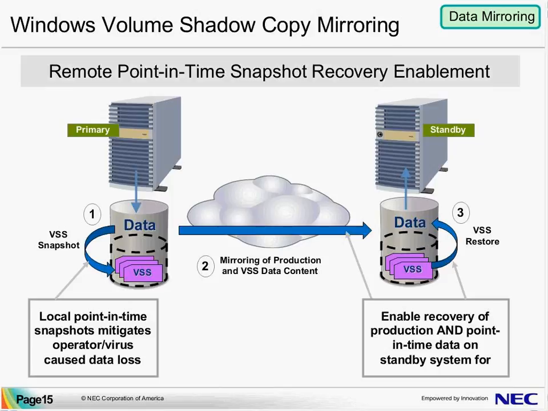So you can then recover to a point-in-time copy of data even after the primary data is no longer available. This really enables even more comprehensive data protection and recovery capability.